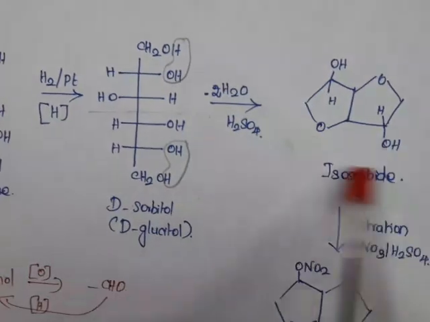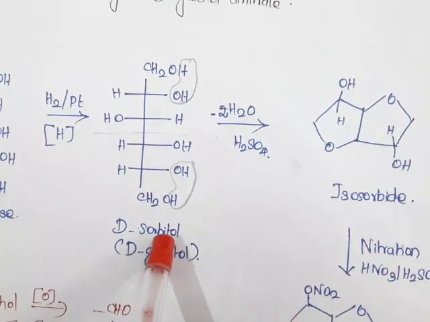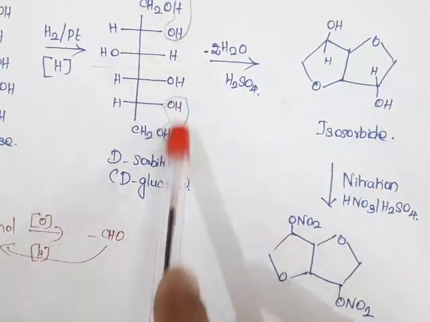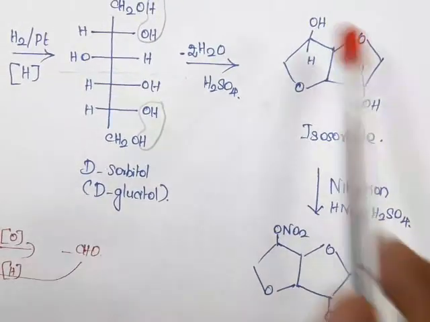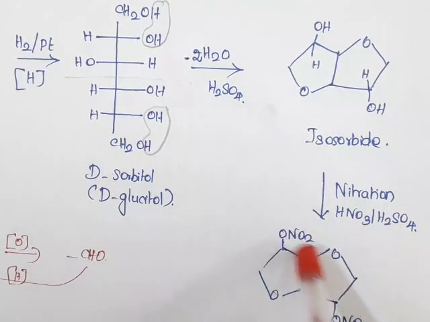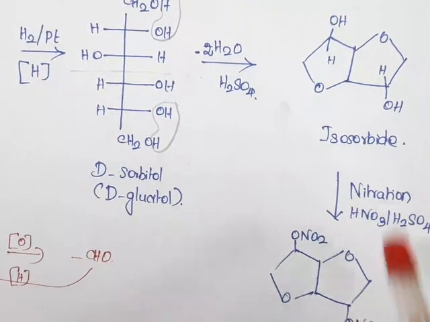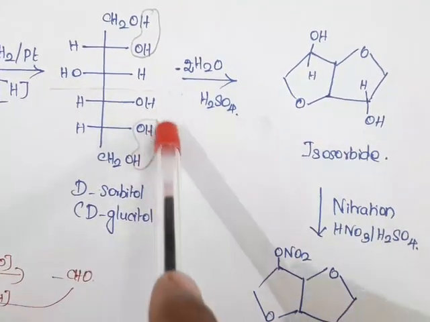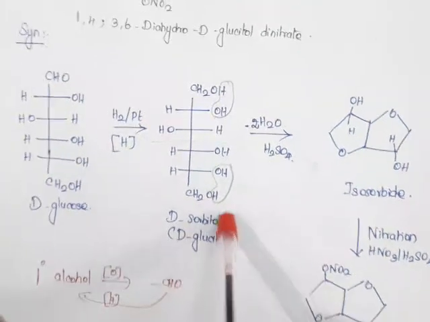So it is cyclized and we are getting isosorbide. From D-glucitol, by removing two molecules of water we are getting isosorbide. On nitration, the 2 OH groups are replaced by ONO2. That's why we are getting isosorbide dinitrate. So how we are getting isosorbide? By removing two molecules of water from glucitol or D-sorbitol.